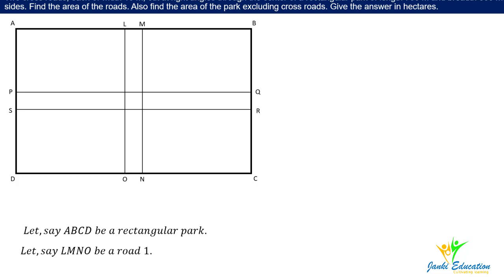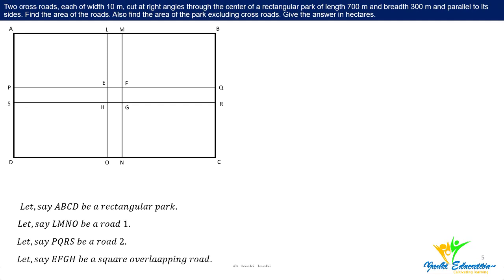Let's say EFGH, this part. So it is EFGH. Now area of roads is equal to area of PQRS road plus area of LMNO, that is another road, minus area of EFGH, that is the square part in the middle.